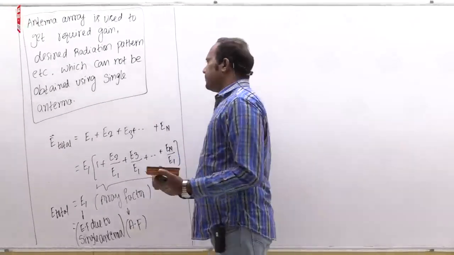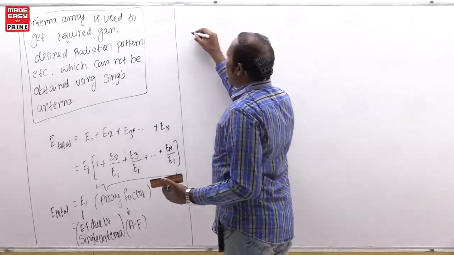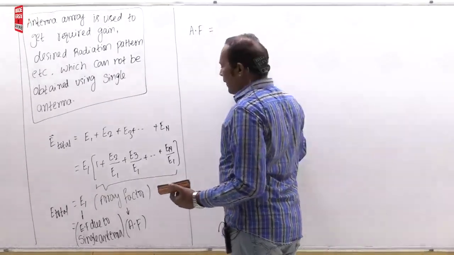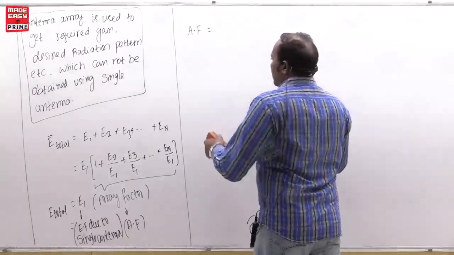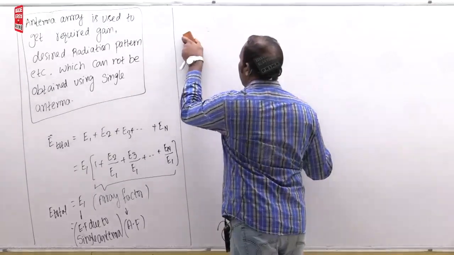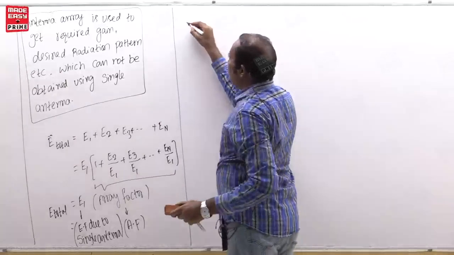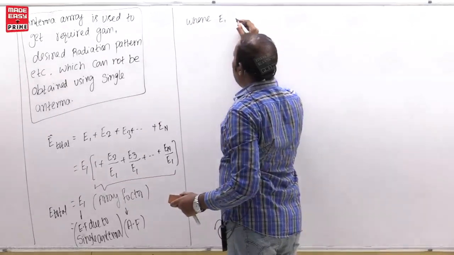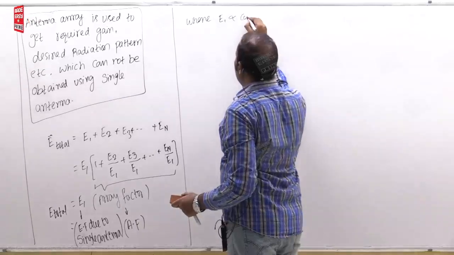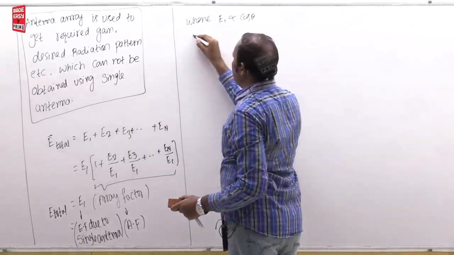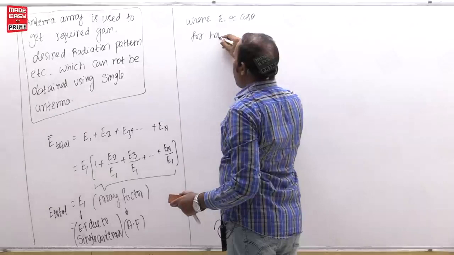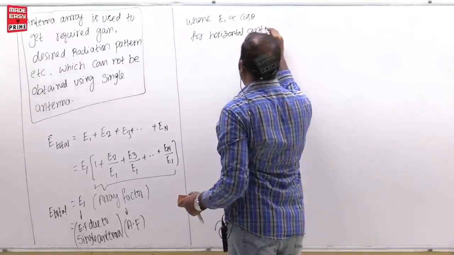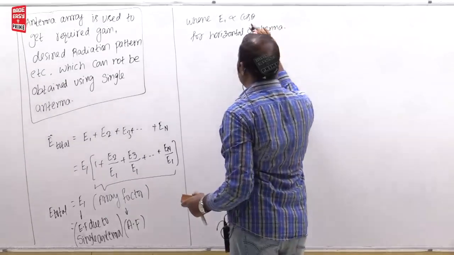Okay, students. Now array factor. This is the important discussion. Anyway, if you want, I will write like this, where E1 is proportional to cos theta. This is for horizontal antenna. That is just for your knowledge.